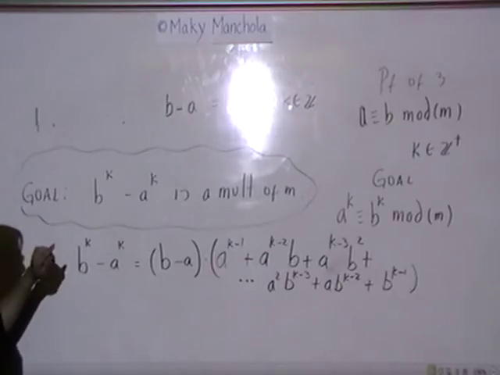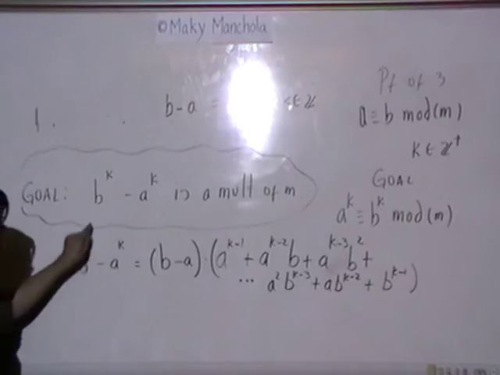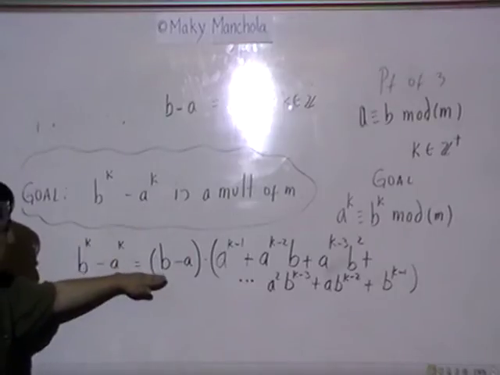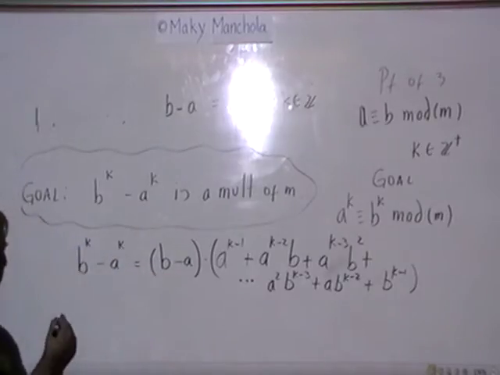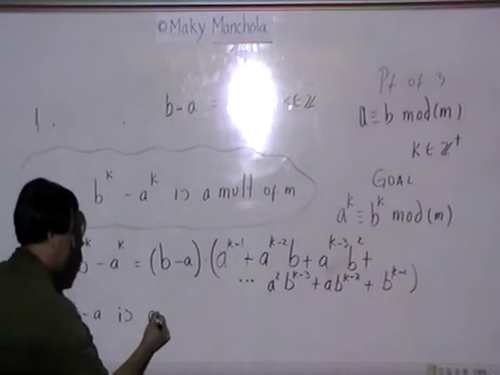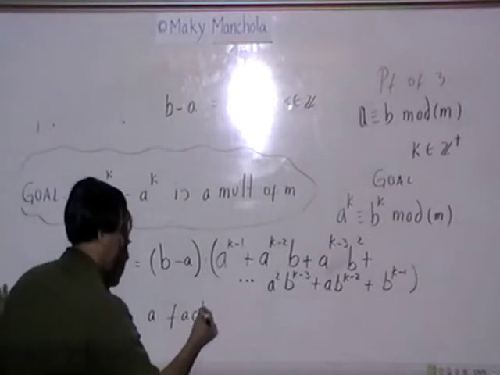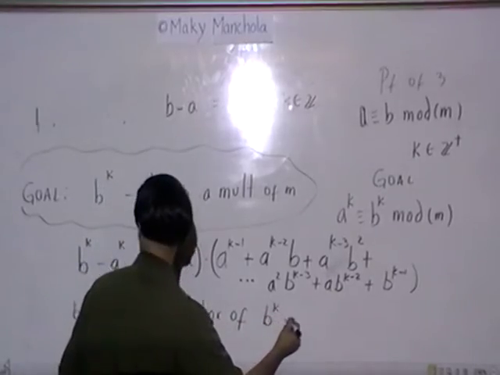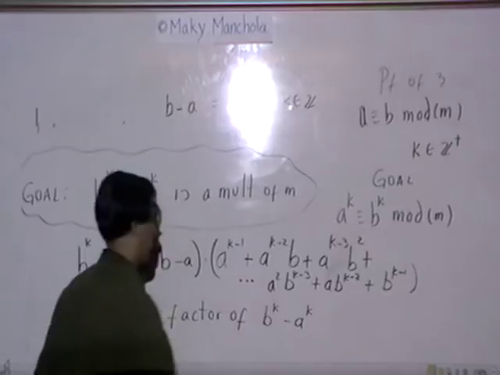So notice that b to the k minus a to the k has b minus a as a factor. So b minus a is a factor of b to the k minus a to the k.